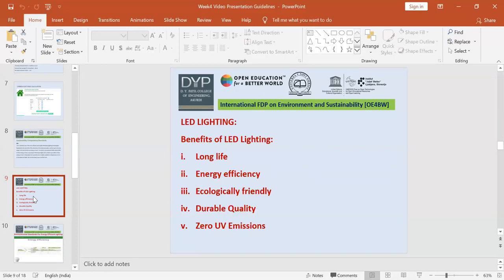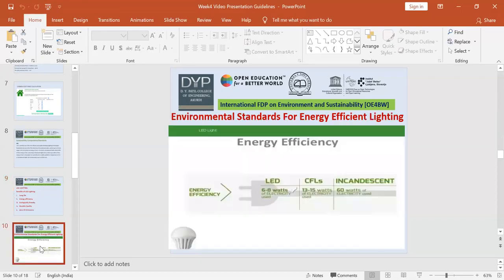These are some advantages. Benefits of LED lighting: long life, energy efficiency, ecologically friendly, durable quality, and zero UV emissions. And we can observe here the environmental standards for energy efficient lighting, where energy efficiency is shown in this slide for LED, CFL, and incandescent lamps.